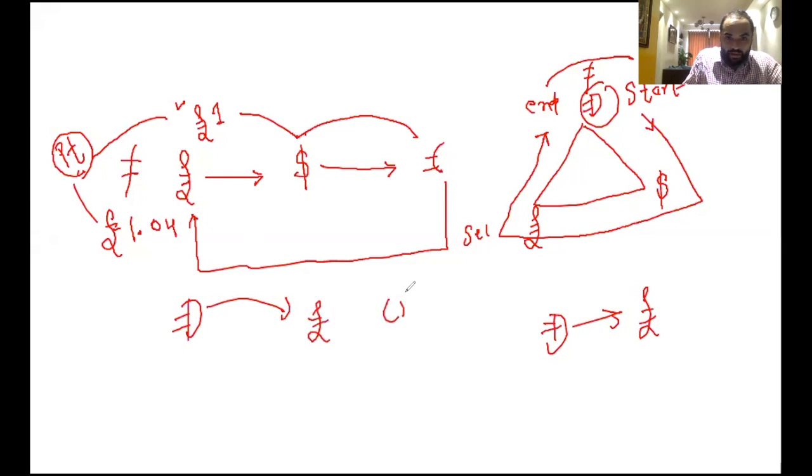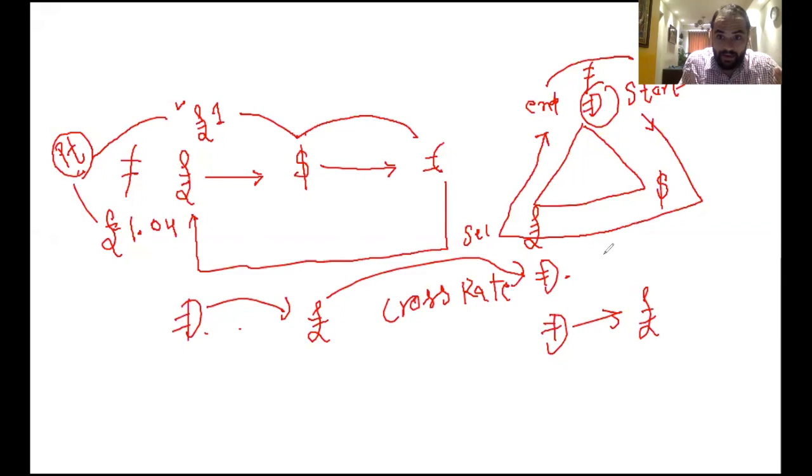This is cross rate. You get this exchange rate and then pound to dong. You have dong, you convert into pounds, and then you sell pounds to convert into dong, and then you check. It's no profit because it's a cross rate, all right? You don't have any profit.